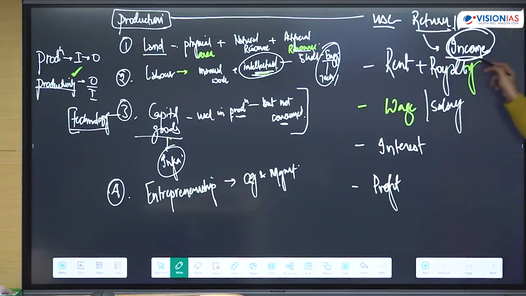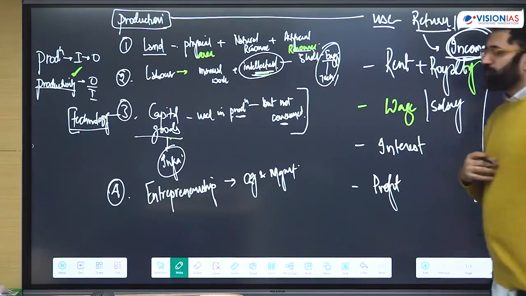So income is received on the use of factors of production, which is this. Is this clear? You want to have a dictation or you have noted this down? Everyone has noted? You can just write 2 lines on this.